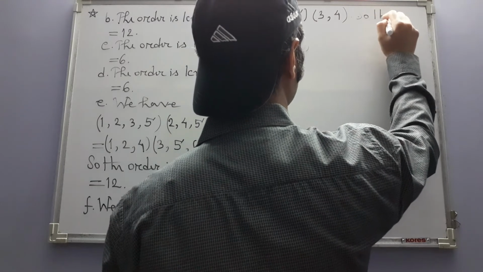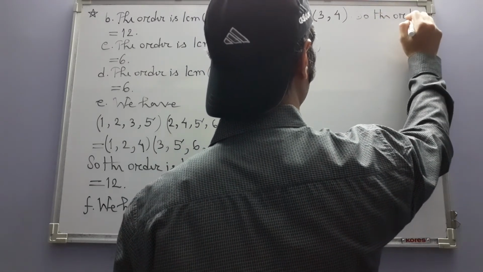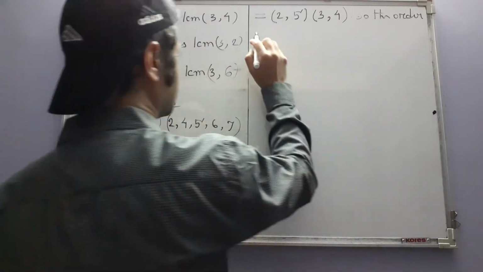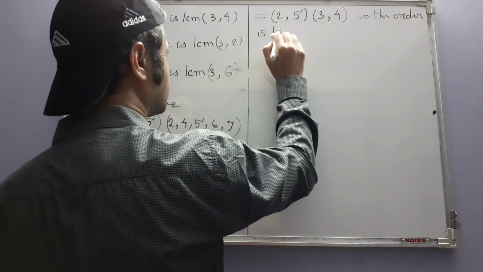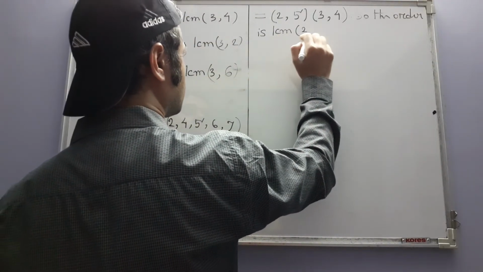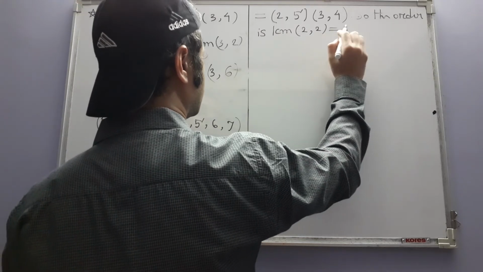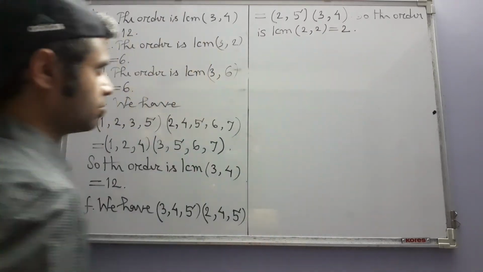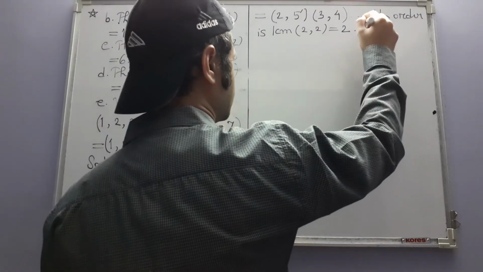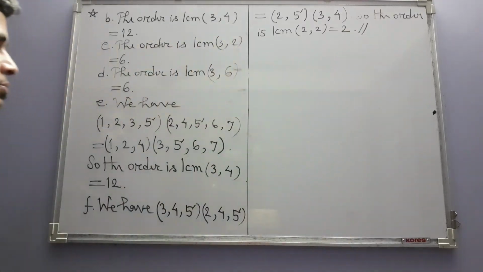So the order is LCM of 2 and 2, which is 2 itself. So that's just it. That is the solution.